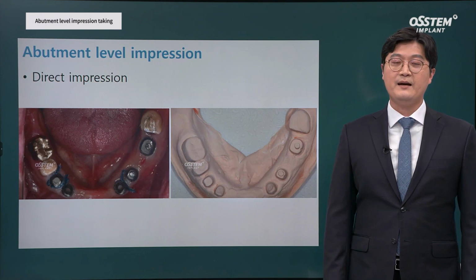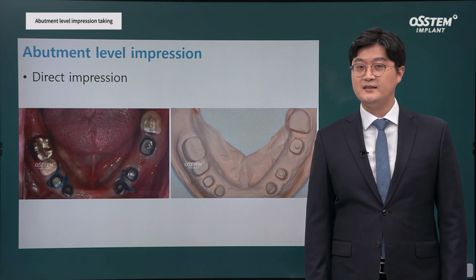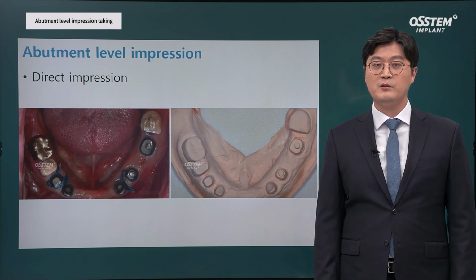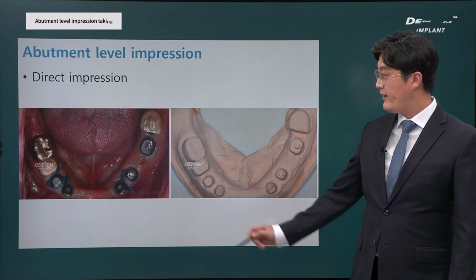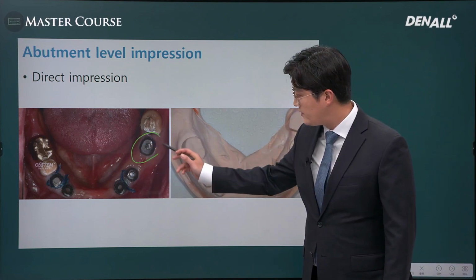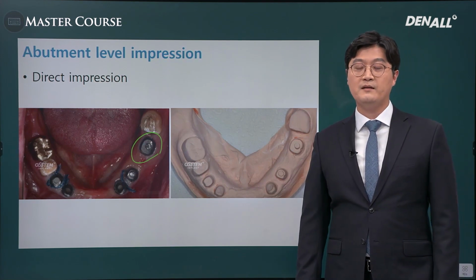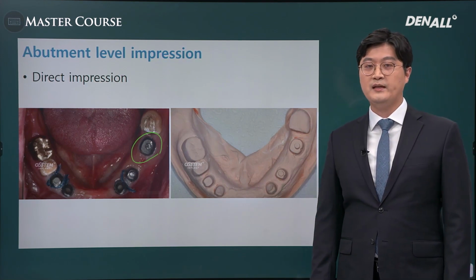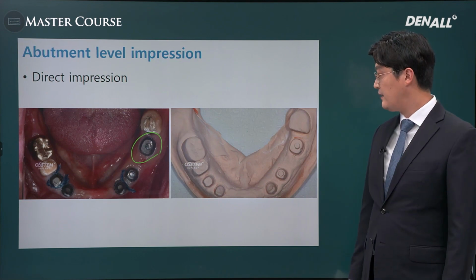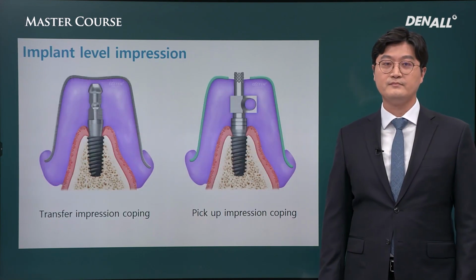A direct impression taking method is the same as taking an impression of a natural tooth. A stock abutment or custom abutment is connected, and the implant impression can be taken directly.